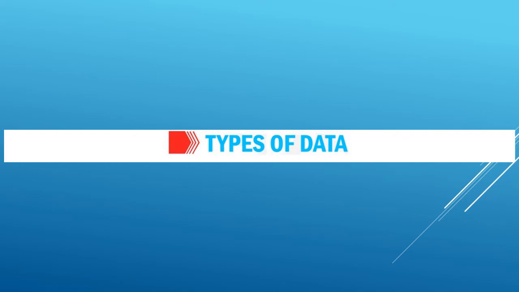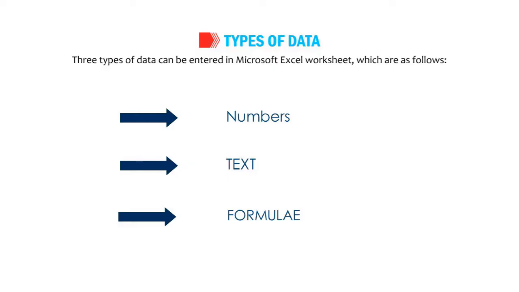Children, now let's know how many types of data can be entered in a spreadsheet. Three types of data can be entered in a Microsoft Excel worksheet, which are as follows: numbers, text, and formula.